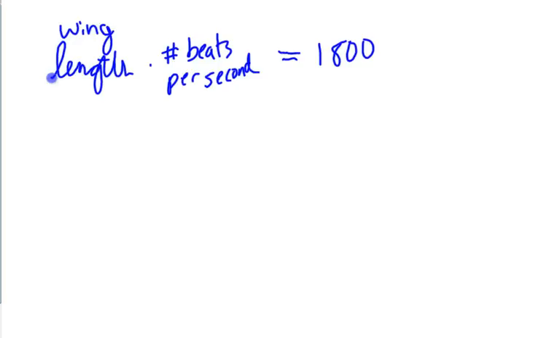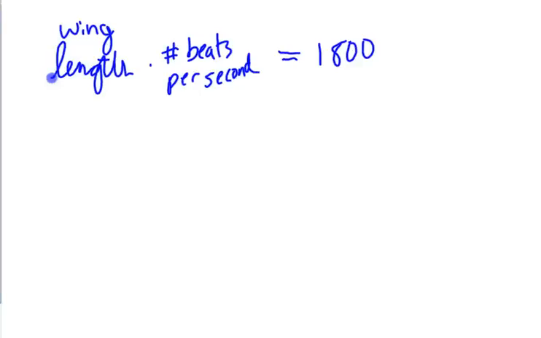So if you think about like an owl, is their wing length large or small? Owls, eagles, big birds. They have a big wingspan. So they're pretty big. How many beats per second do they have to do when they're flying? Not very many, right?